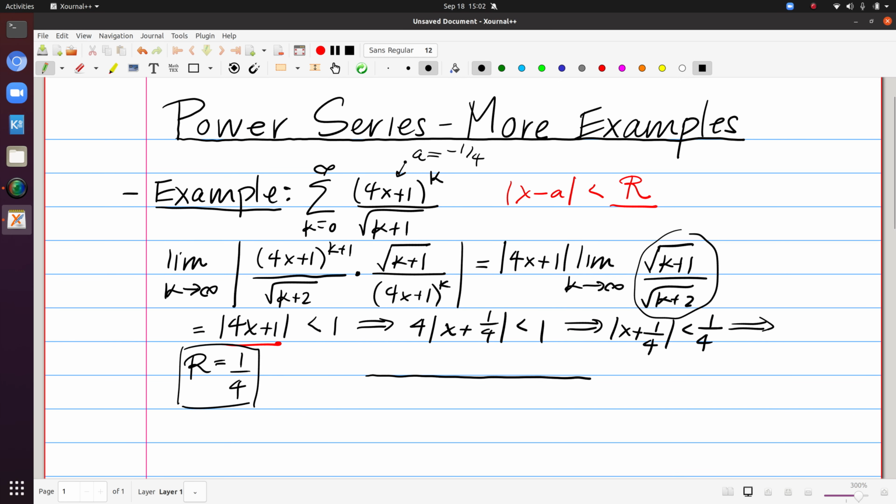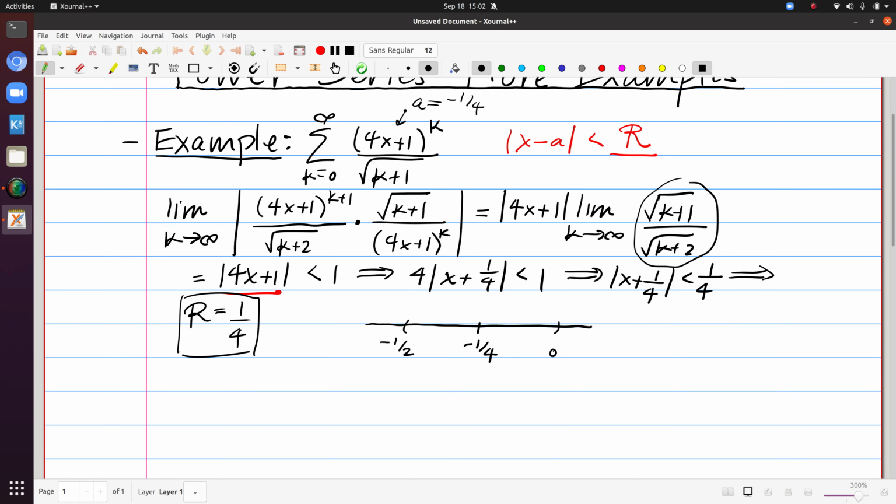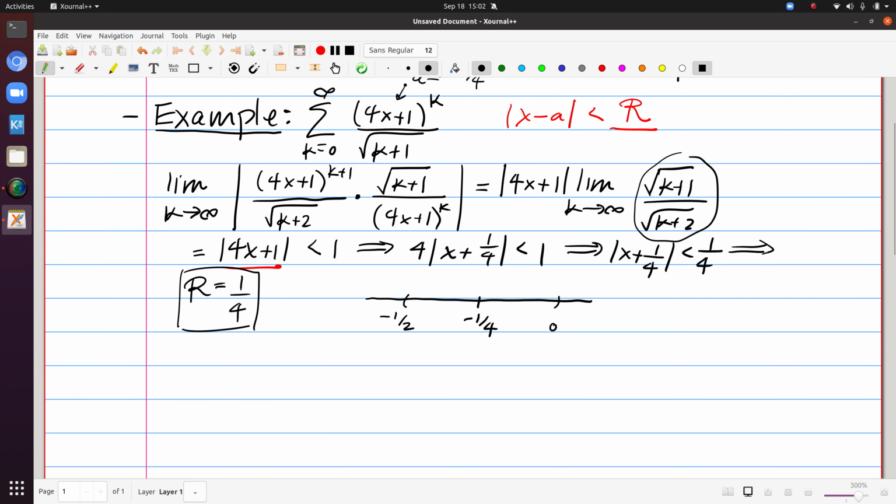Again, at this point, I know that the center is minus 1/4, and we know now that we can go out by 1/4 to the left and 1/4 to the right. Going to the left would yield minus 1/2, and to the right would be 0. Those are my endpoints. At this point, I know that the interval has to include everything between minus 1/2 and 0. However, we don't yet know about what occurs exactly at these edges.